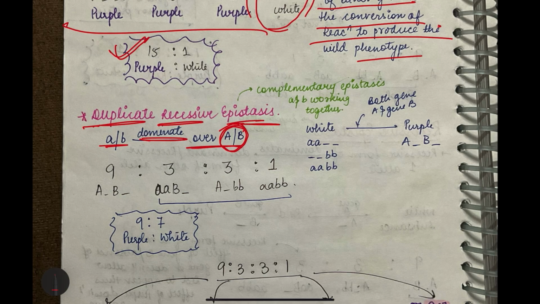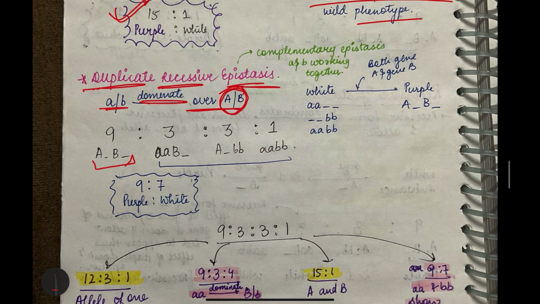But here, the recessive form of both the genes is masking the expression of the dominant traits. Here you have seen we have written capital A dash small b, capital B dash small a, and so on, and here we have capital A, small b, and both small b. So in all these cases, we will get the same white.